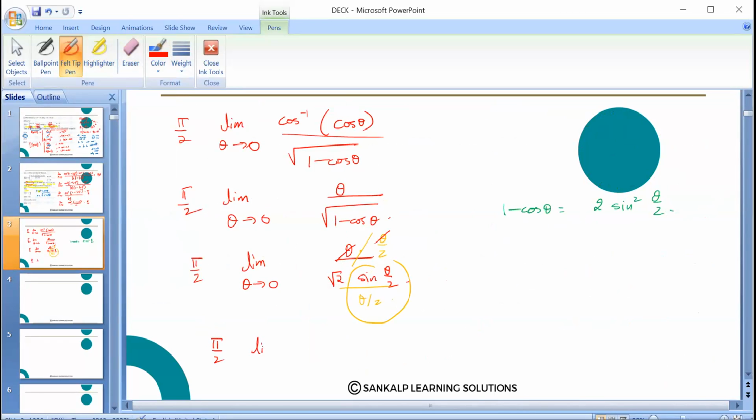So pi by 2 limit theta approaches 0, 2 by root 2. Or pi by 2 into root 2. Or it is pi by root 2.